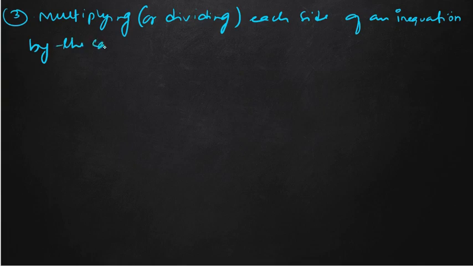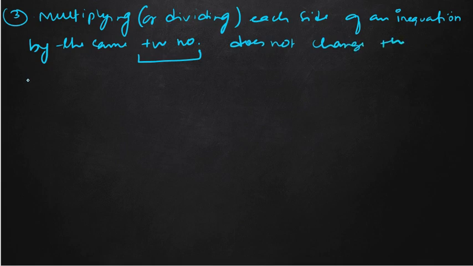You have to remember, the positive number, not the negative number or the 0. So in an inequation, if we multiply or divide by any positive number, it must not be 0 or negative. Okay. So then it does not change the inequality.